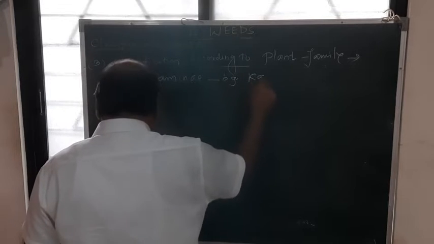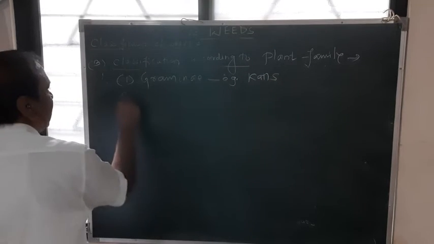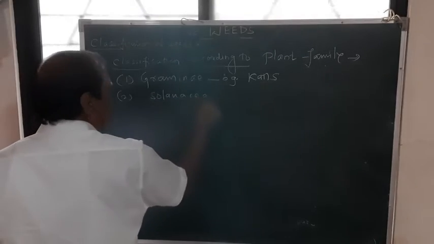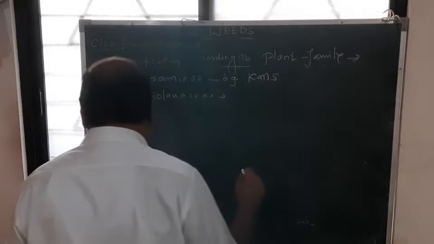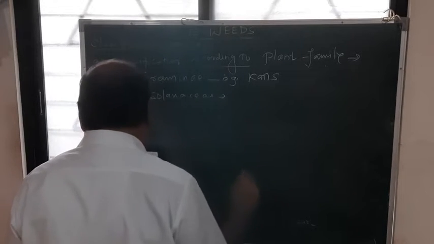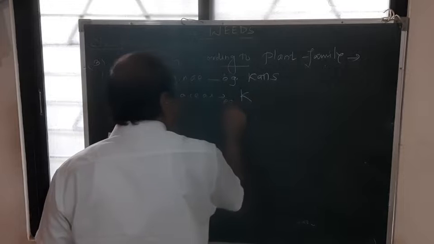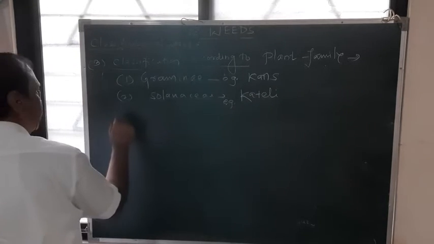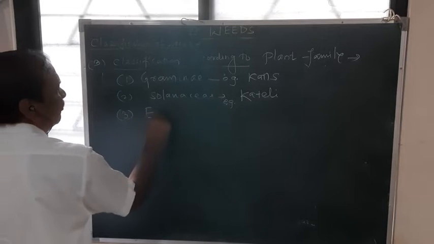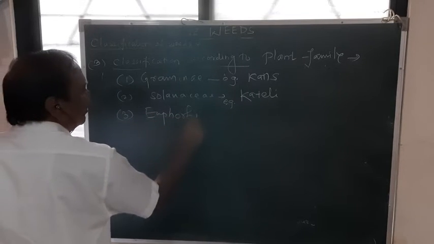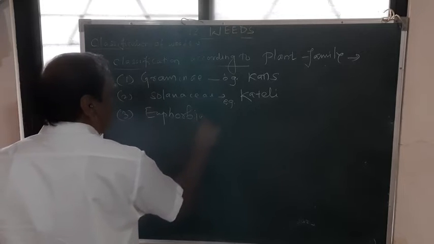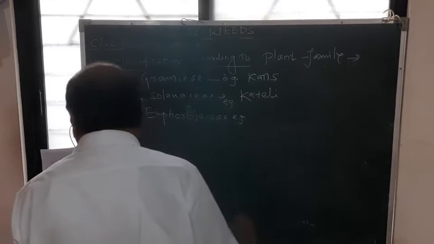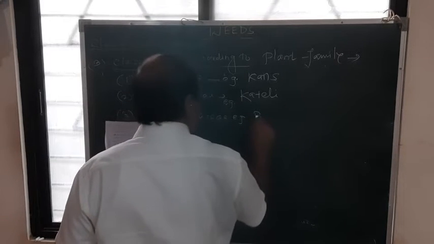Example is Cans. Then second is Solanaceae. Example is Cateli. Then the third is Euphorbiaceae. And example is Boridudni.